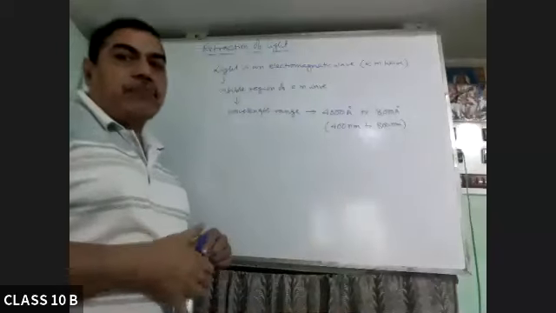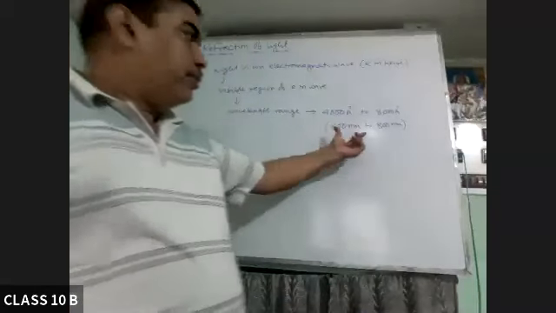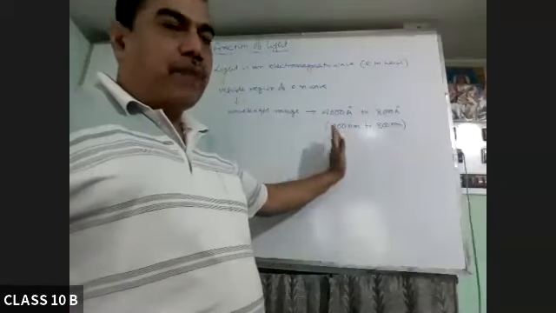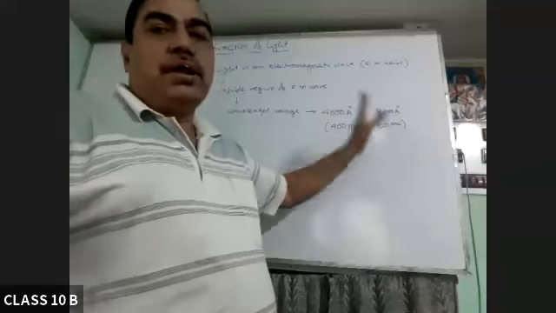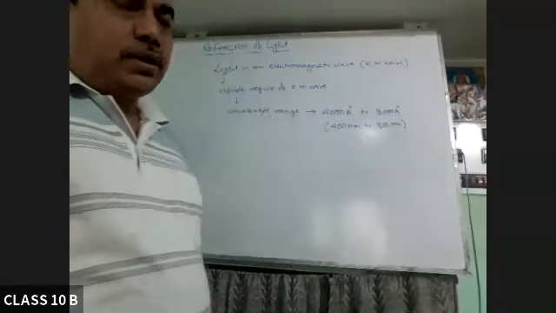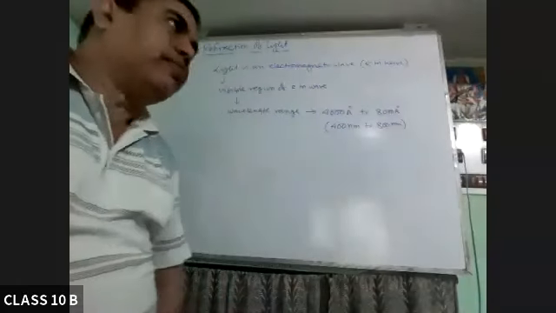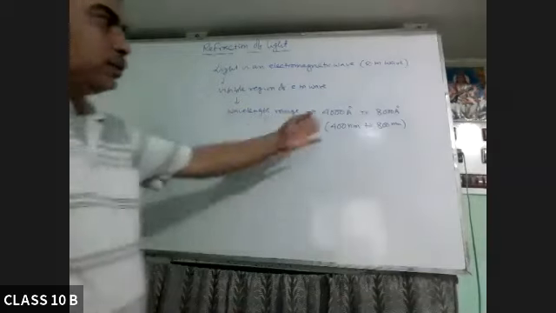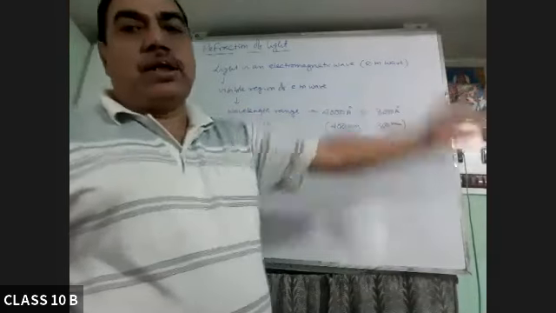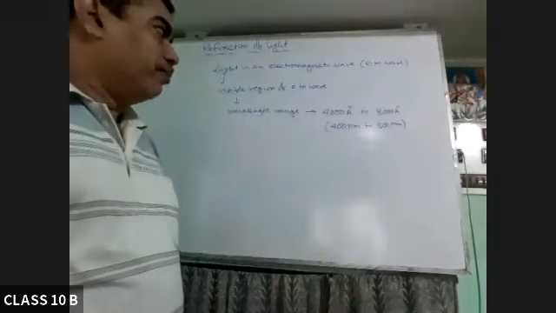The electromagnetic wave having wavelength in this range is the visible region. Wavelength beyond this is a different electromagnetic wave. So less than 400 or more than 800 nanometer, they are different waves.